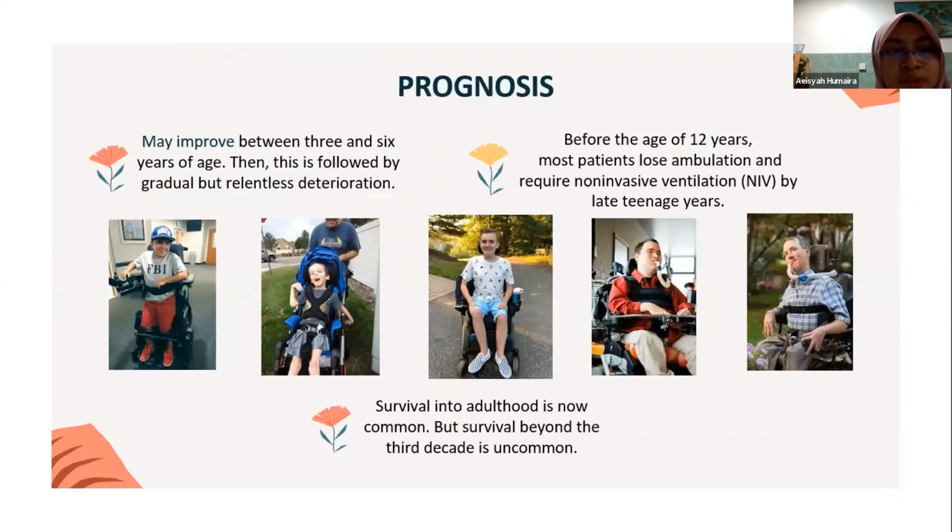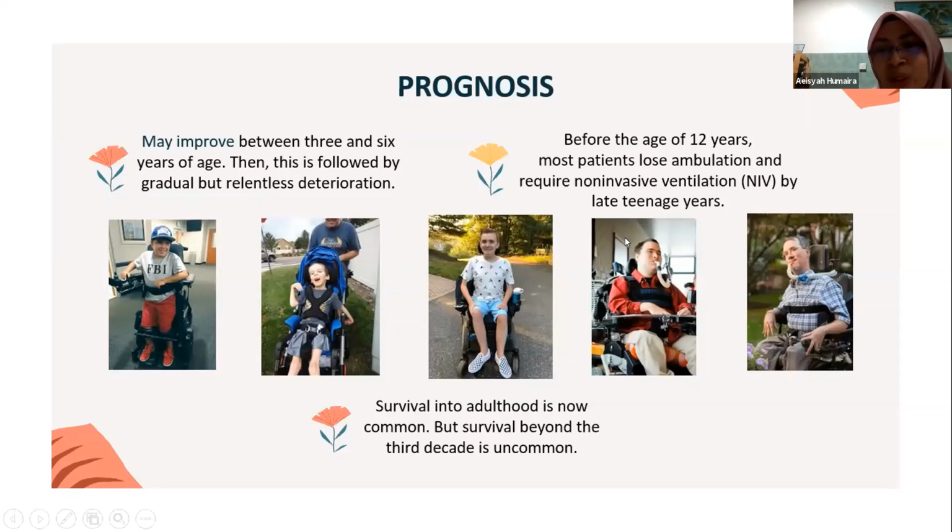So for the prognosis, patients with Duchenne muscular dystrophy may see improvement between 3 and 6 years of age. Then it is followed by gradual and relentless deterioration. Before the age of 12 years, most patients have already lost ambulation, so they need to use a wheelchair.